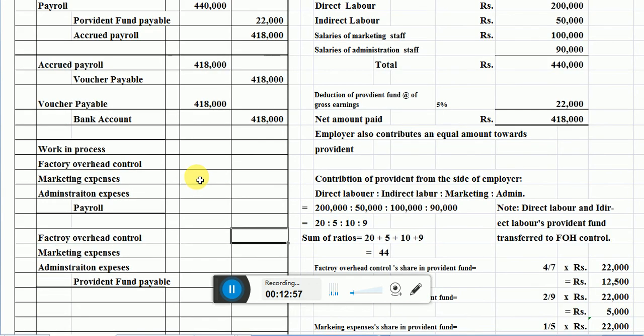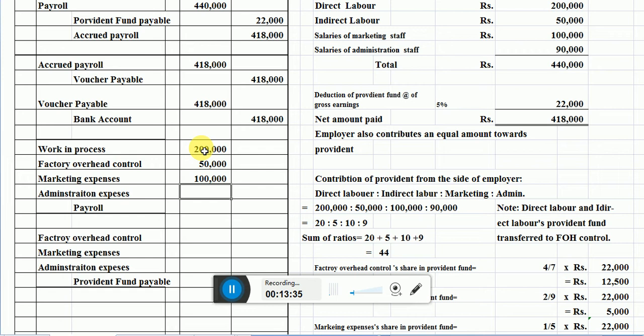Now students, the second work is here. We have to distribute our payroll in different sectors, like work in process, factory overhead control, marketing expenses and administration expenses. Again, we have to charge direct labor cost as work in process here, which is 2 lakh rupees, and the indirect labor cost is charged to the factory overhead control, which is 50,000 rupees here, and the marketing expenses is 1 lakh, which is against the salary of the marketing staff.